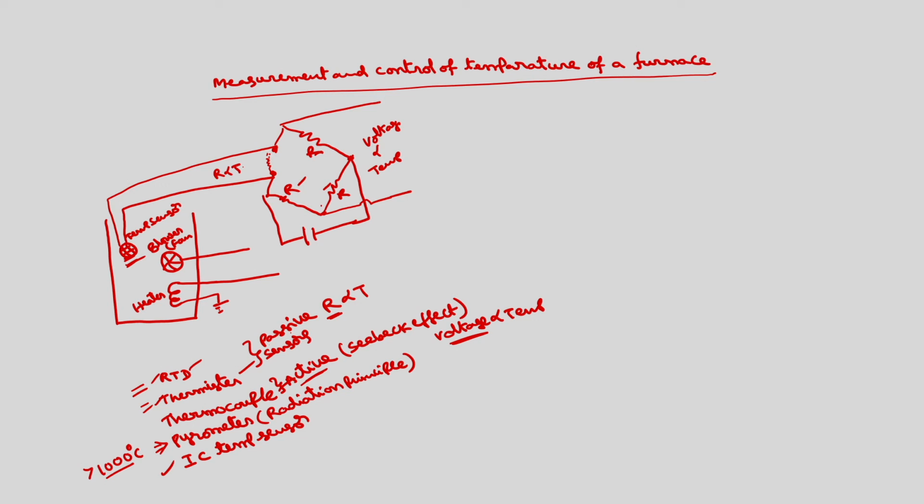This voltage can be converted into 0 to 5 volts range by using an amplifier or stages of amplifiers. You can use op amp amplifiers. Now here we are going to have 0 to 5 volts range. So this is all called signal conditioning circuitry.